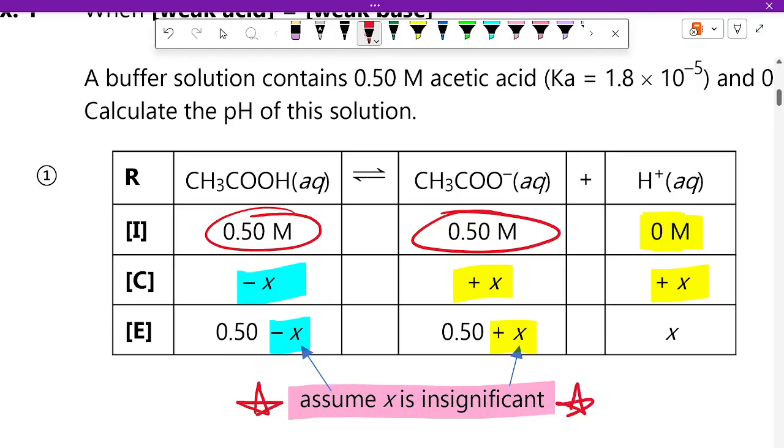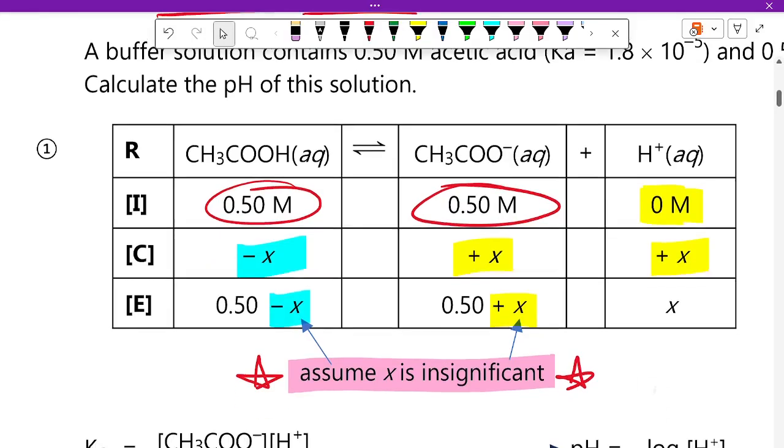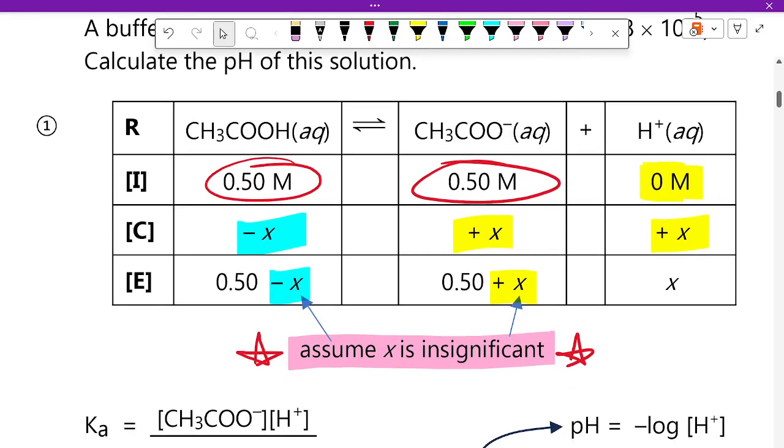So now what we have is our Ka expression. We have acetate ion times hydrogen, and let's recall acetic acid is 0.5 because we got rid of the X, yes.